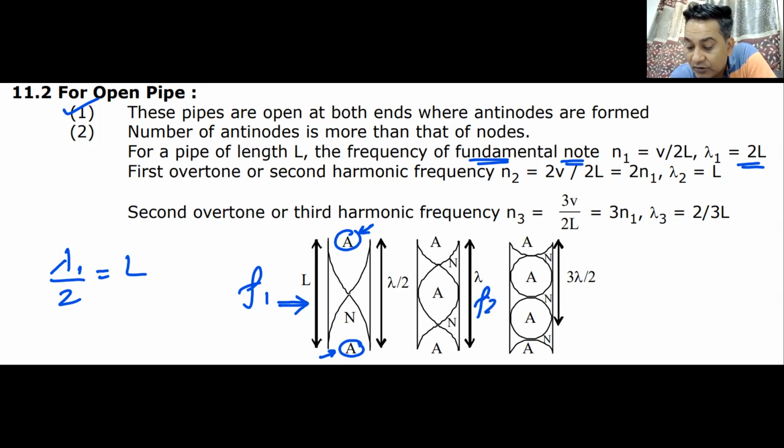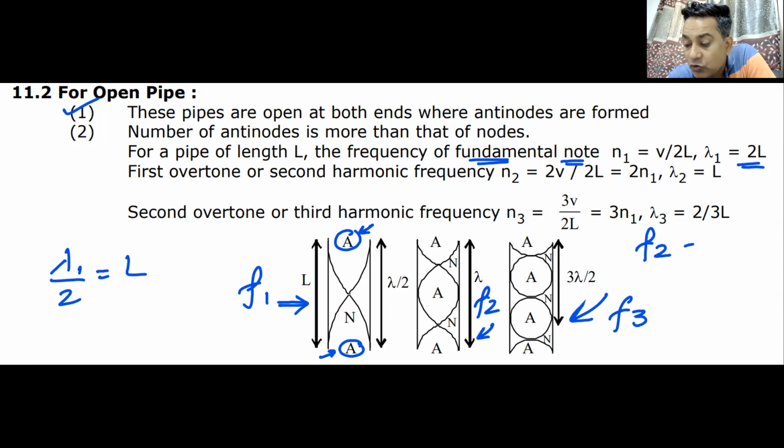This one is known as the second harmonic. This one is known as the third harmonic. Remember, in case of a closed pipe, we had the first harmonic, then the third harmonic, then the fifth harmonic. Only odd harmonics were there, even harmonics were absent. But in case of an open pipe, we have the first harmonic, second harmonic, and third harmonic.